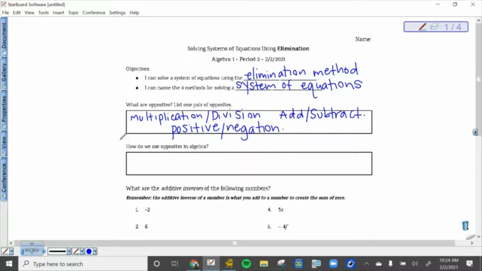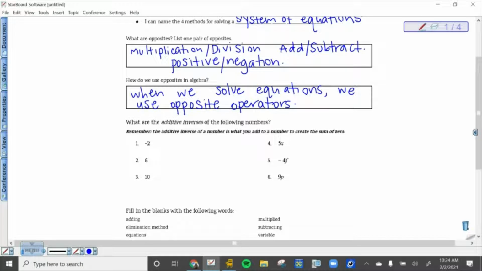So we use opposites in algebra when we solve equations. We use opposite operators.